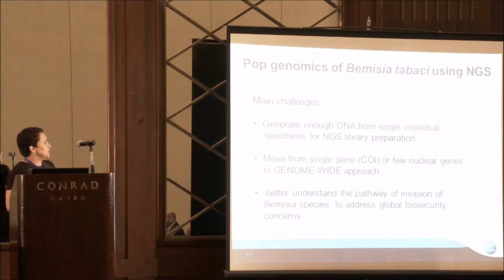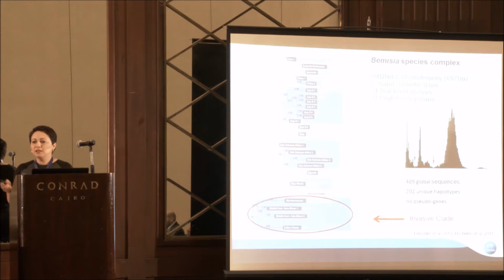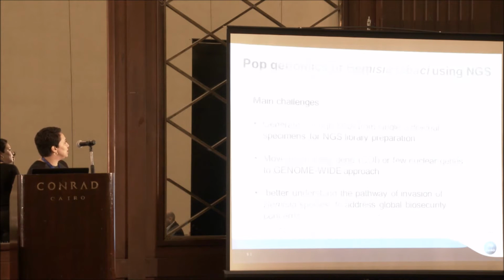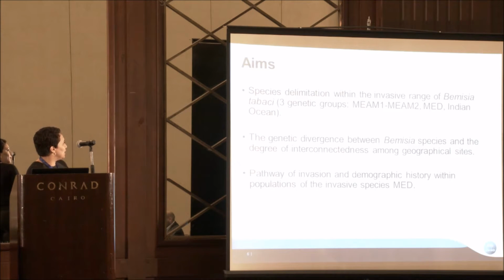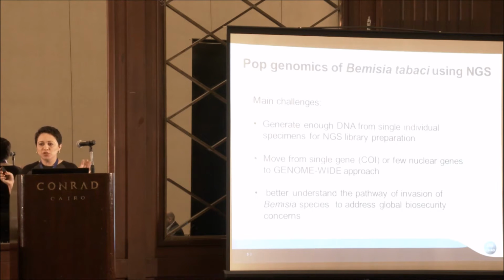So the project was like, okay, 2 decades ago, everybody was trying to identify and do the taxonomy of the species using mitochondrial DNA, which means one single gene. Recently, with the advent of next generation sequencing, we decided to go bigger. So we were like, okay, we're going to do the whole genome on a genome-wide scale.